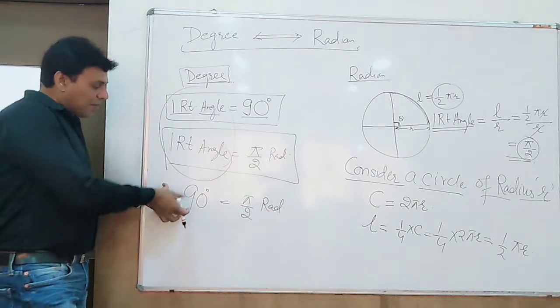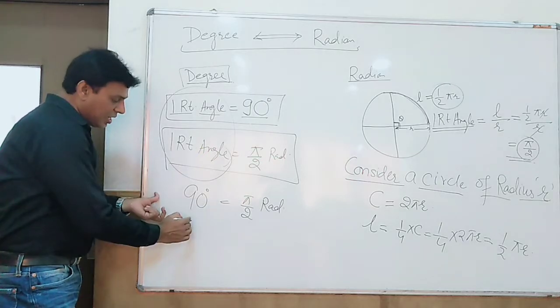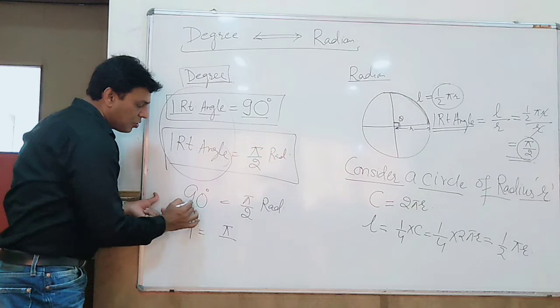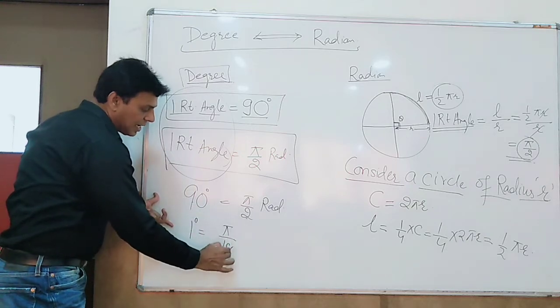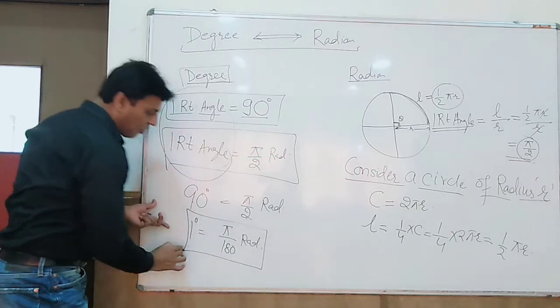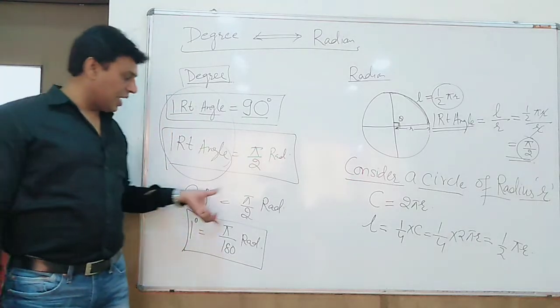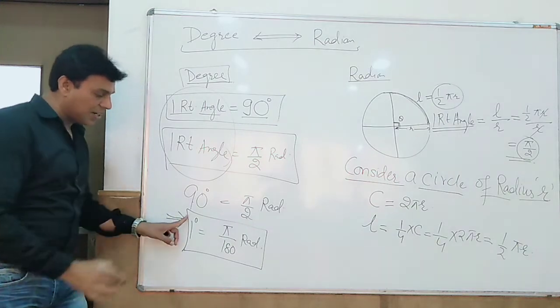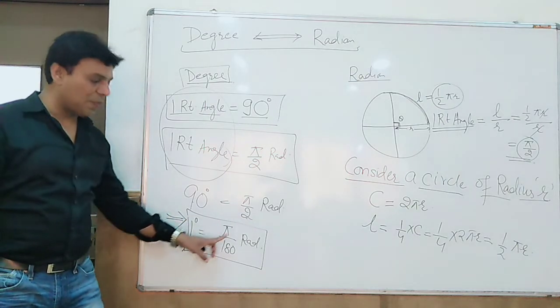If I divide both sides by 90, 1 degree will be pi upon 2 into 90, that is 180 radian. So this is the key formula to convert degree into radian. Keep in your mind, 1 degree is equal to pi upon 180 radian.